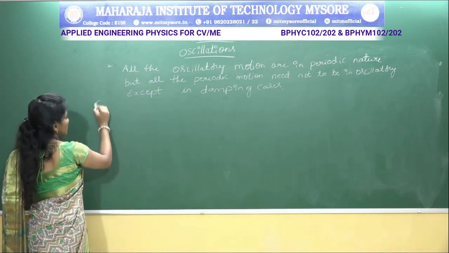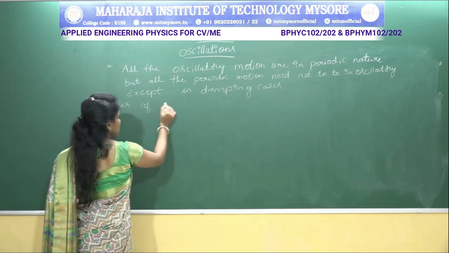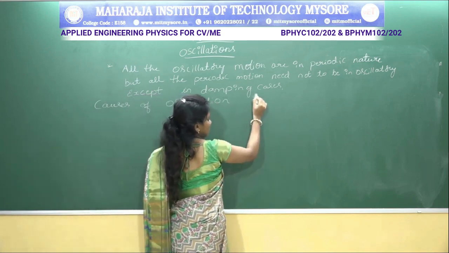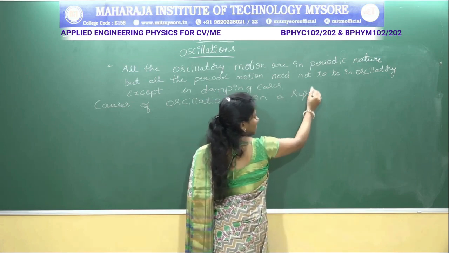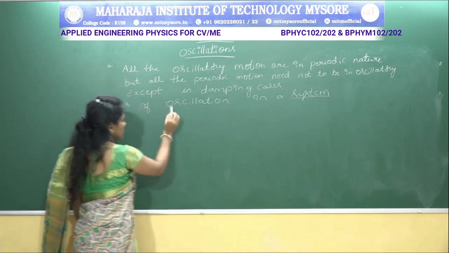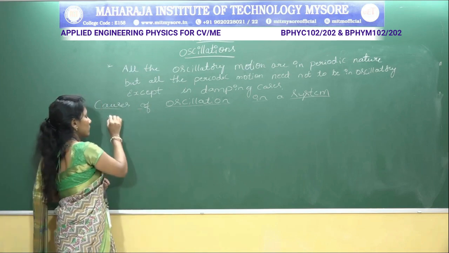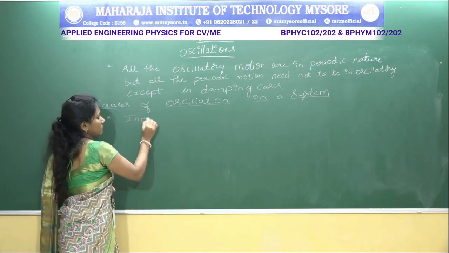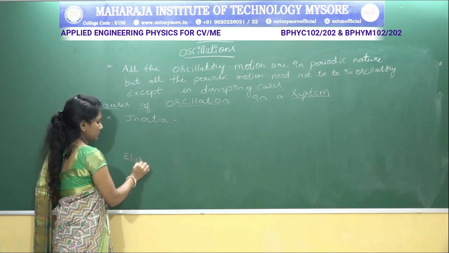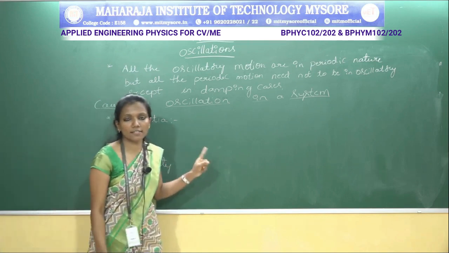Also, what are the causes of oscillation? The causes of oscillation in a system mainly depend upon two properties. One is inertia and the other is elasticity. So what does inertia say?